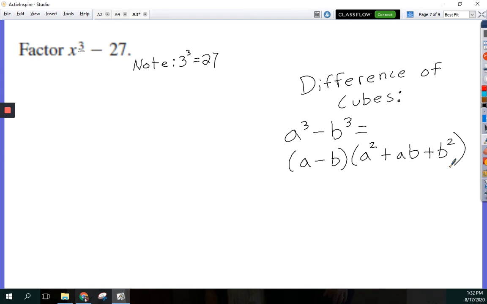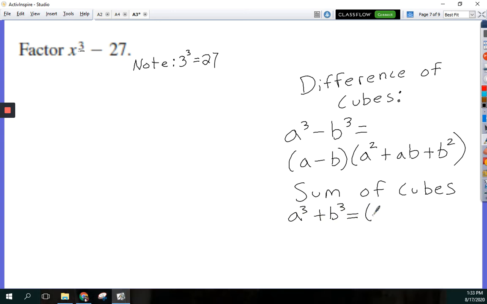Now, the special thing about cubes is that we also have a sum of cubes formula. So we would have a cubed plus b cubed equals a plus b times a squared minus ab plus b squared.